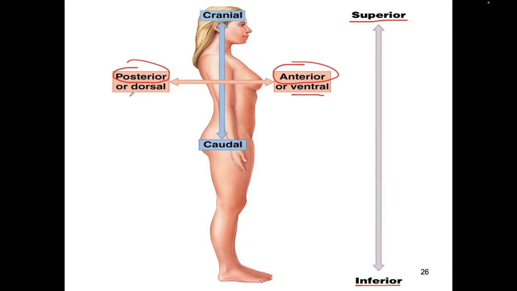AKA for posterior, it's also known as dorsal, just like the dorsal fin of a shark. When we talk about the head and the tail, we don't say superior and inferior, we say cranial and caudal. If we're moving caudally, we're moving to where the tail is. If we're moving cranially, you're moving towards the cranium or the skull.